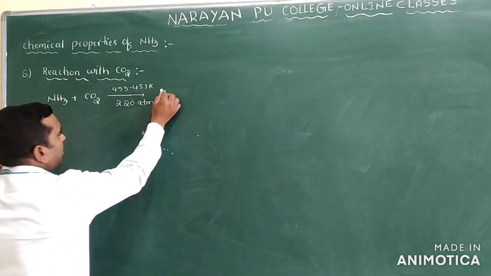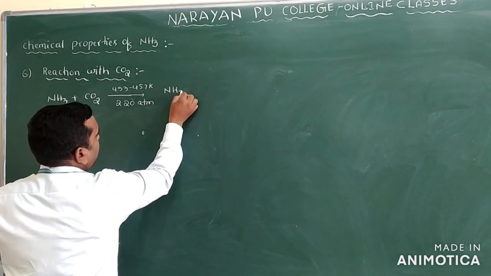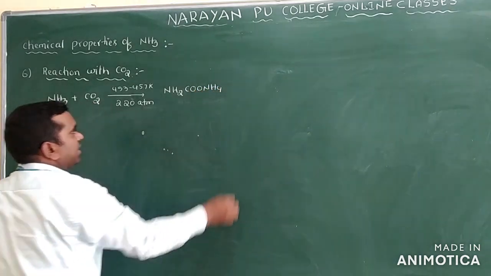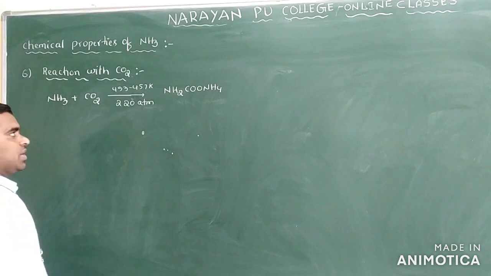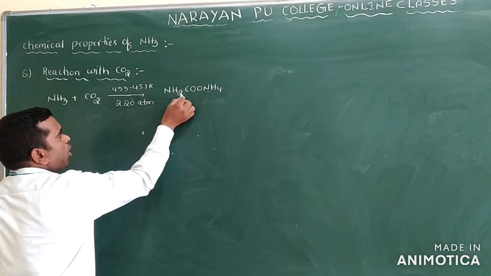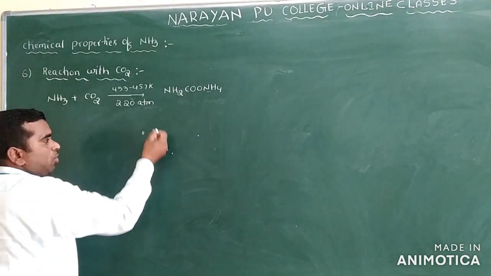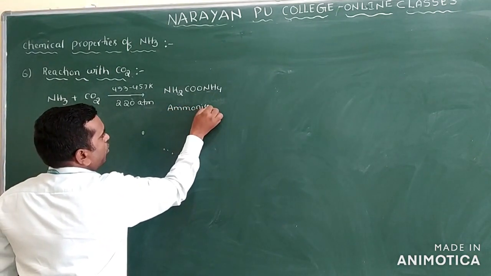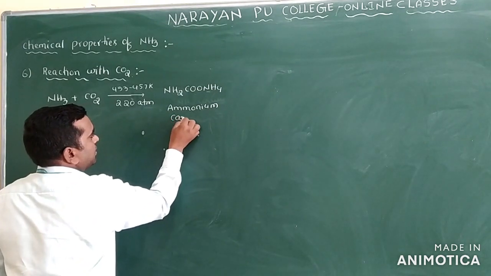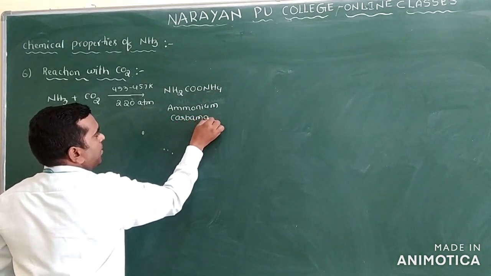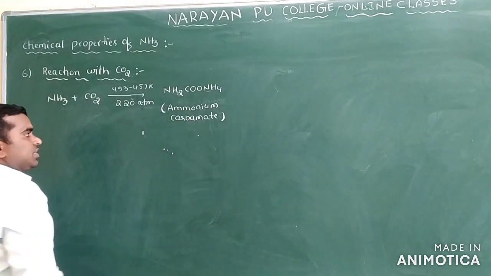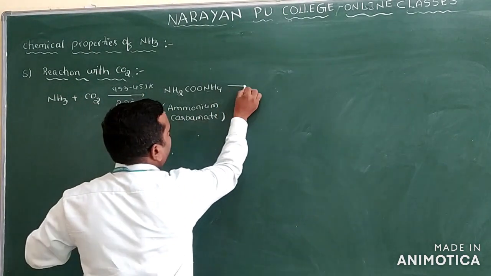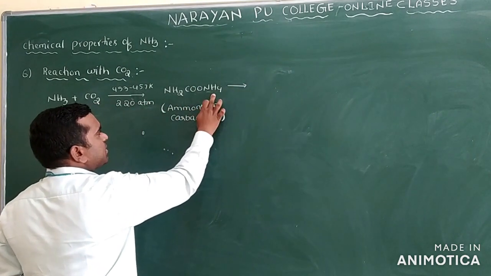Then the compound you get is ammonium carbamate. This is the intermediate. The NH2COO part is a carbamate, so the compound is ammonium carbamate. This decomposes and gives urea.